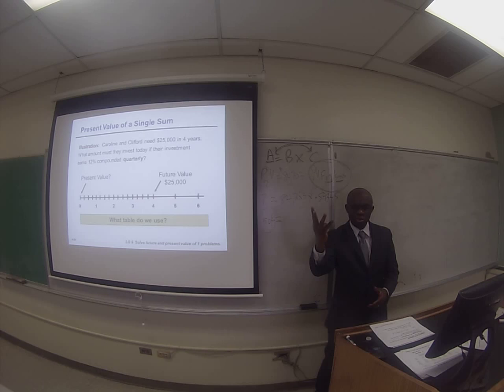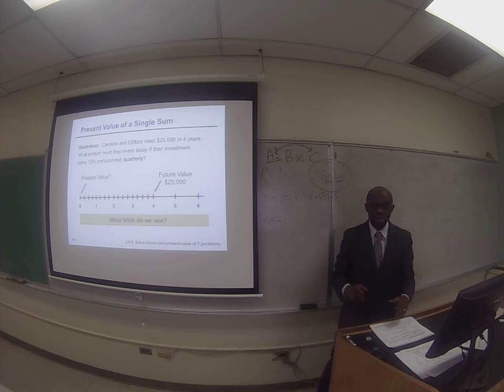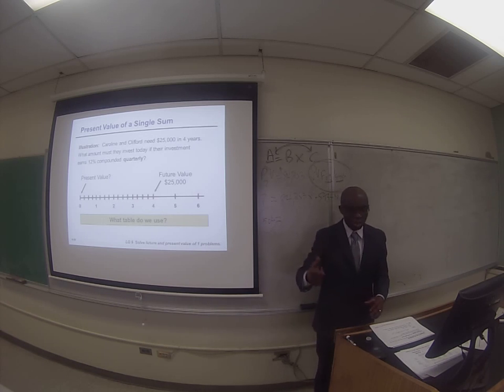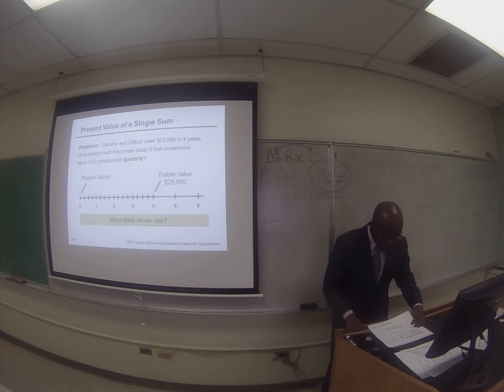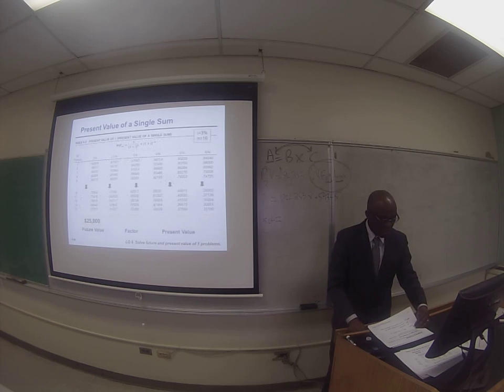If it is 4 years and interest is going to be compounded quarterly, that will be 4 times a year, and we are looking at 4 years. You multiply 4 by 4, so we now have 16 periods of compounding. Now, the 12% interest rate is per annum, because we are compounding quarterly, we have to divide the 12% by 4, and that will give us 3% interest rate per quarter.